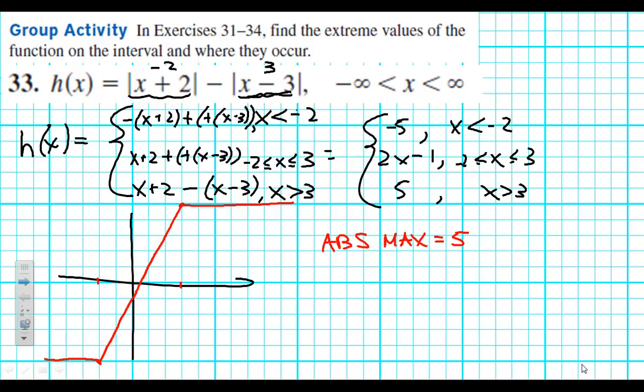When does it take on those values? When x is greater than or equal to 3. What about our absolute min? Our absolute min is -5, and that's while x is less than or equal to -2.